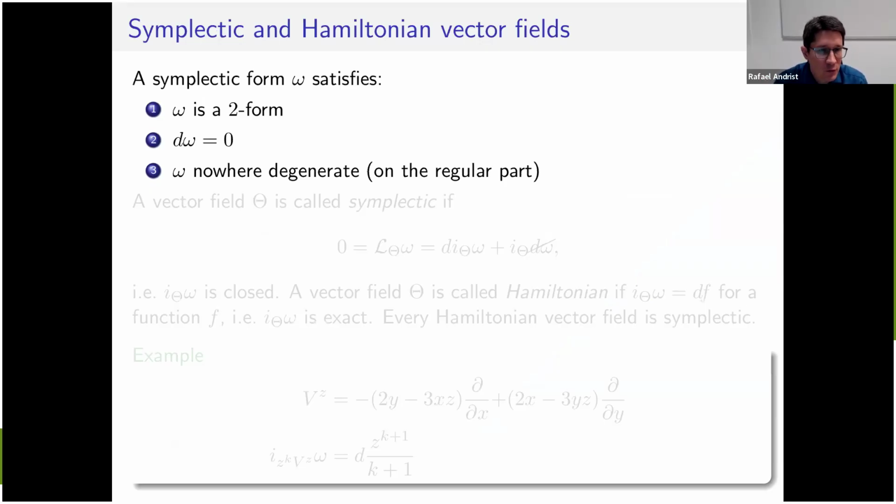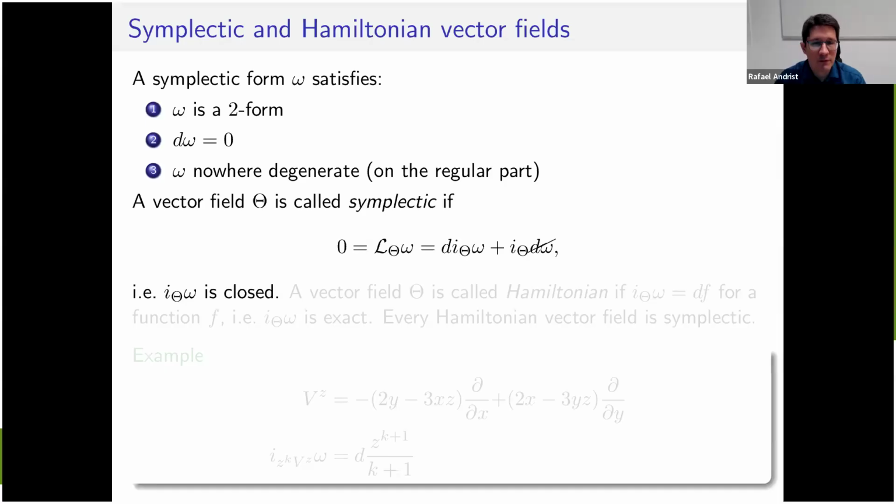If we have a symplectic form, then we call a vector field symplectic if the Lie derivative of the symplectic form with respect to the vector field vanishes. Then we can use Cartan's homotopy formula, and because omega is closed, the second term vanishes, and it just means that the inner product of omega with the vector field is a closed form.